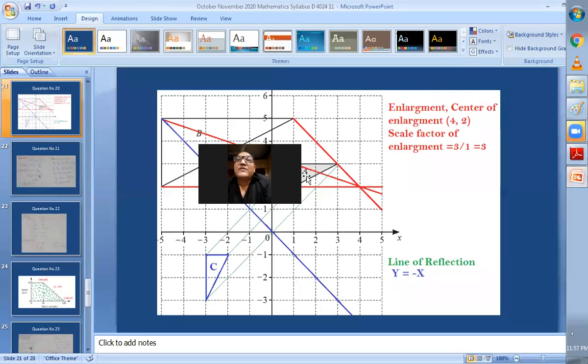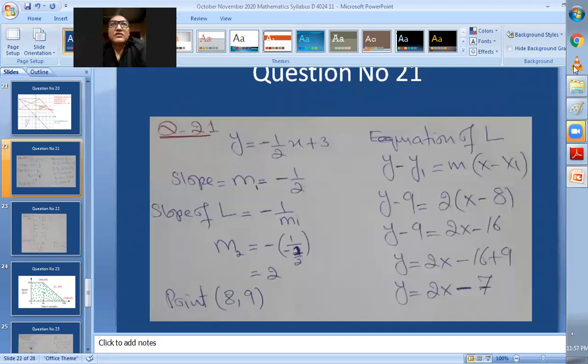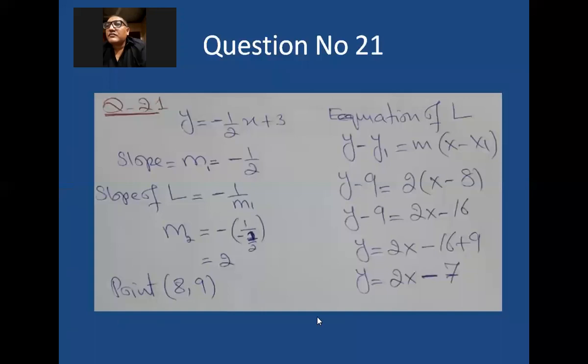So let me show you my work. The equation of that line was y equals -1/2 x plus 3, so its slope is the coefficient of x, that's -1/2.